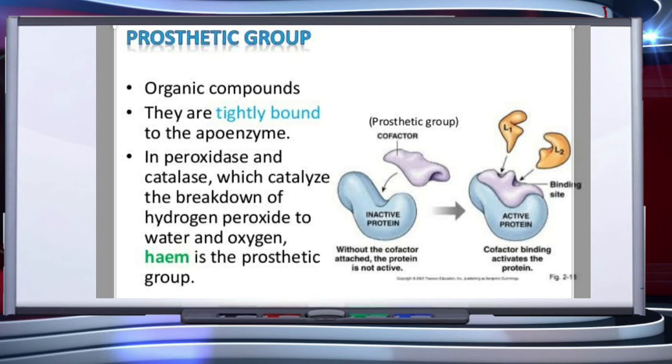Prosthetic groups are organic compounds and are distinguished from other cofactors in that they are tightly bound to the apoenzymes. For example, in peroxidase and catalase, which catalyze the breakdown of hydrogen peroxide to water and oxygen, heme is the prosthetic group and it is part of the active site of the enzyme.